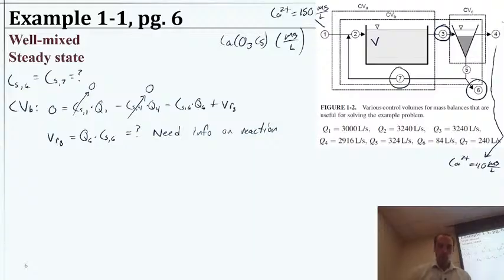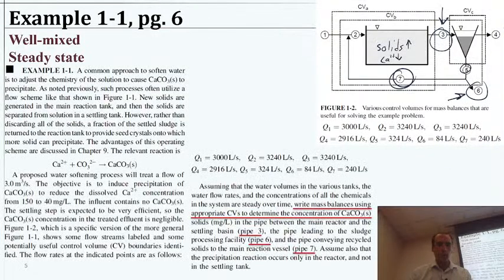And I don't remember if we're given anything about the volume of this tank either. I don't think we need the volume, but just double check. Yeah, I think we can solve it fine without.